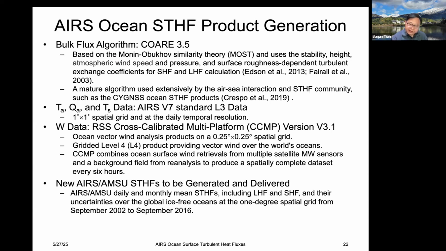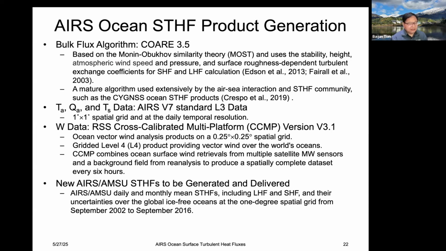And for the near surface air temperature, humidity, and SST data, we're using the AIRS version 7 standard Level 3 product, based on a 1 degree by 1 degree spatial grid on a daily temporal resolution starting in 2002, based on the AIRS AMSU combined retrievals to September 2016.